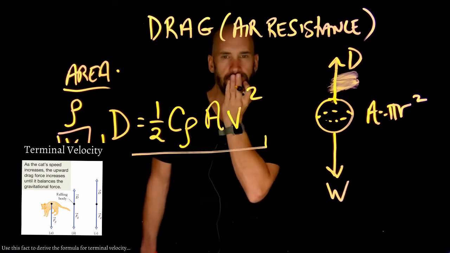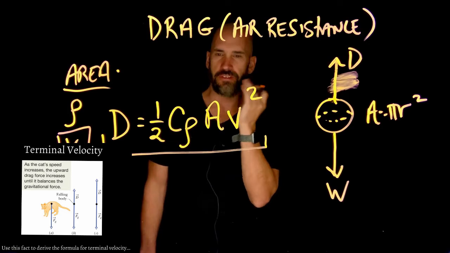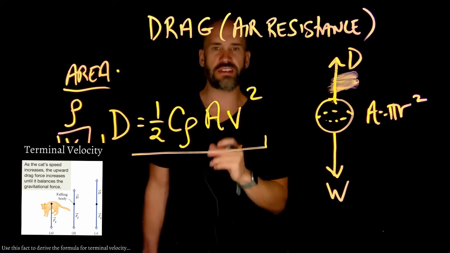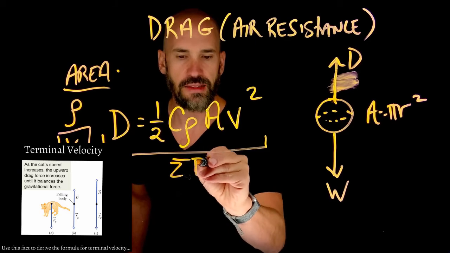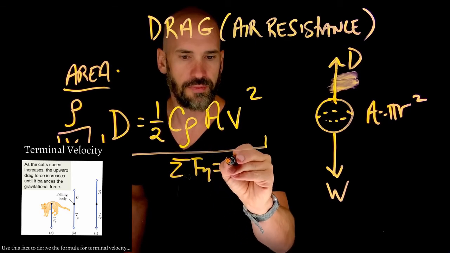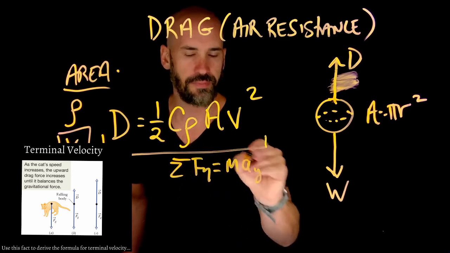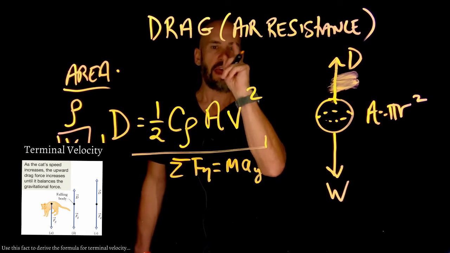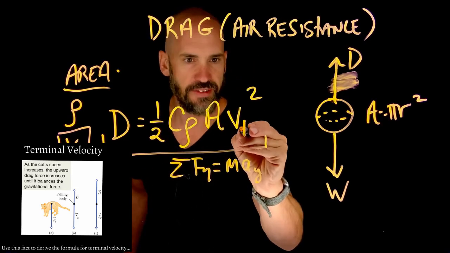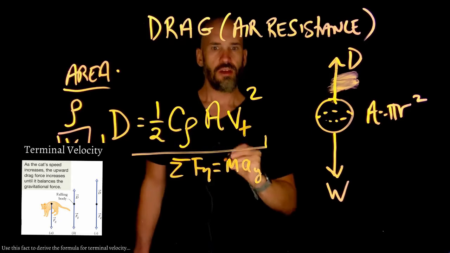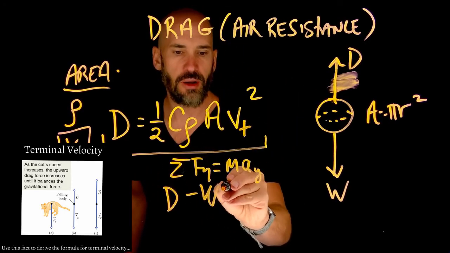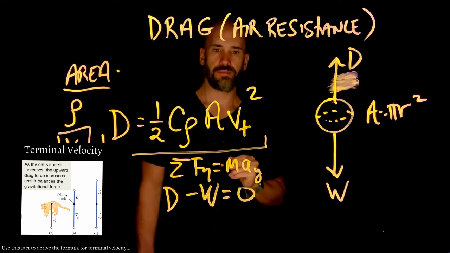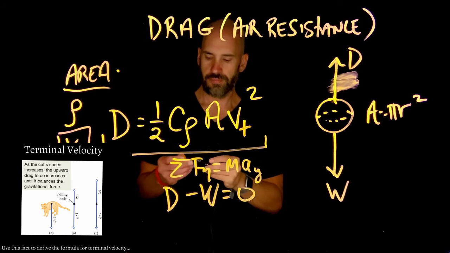So using this fact, how can we actually find out what the terminal velocity of some object might be? Well, let's use our physics, guys. Let's use our Newton's second law analysis. If we do the summation of forces in the y direction equals ma, here's what we know: at terminal velocity, at vt, d minus w must equal 0. True story?